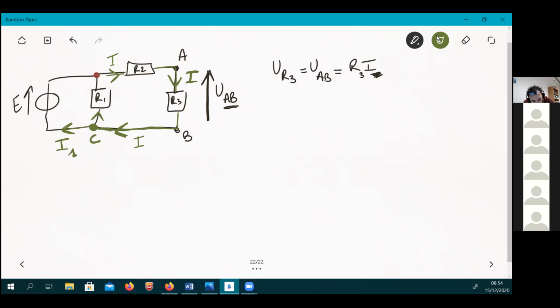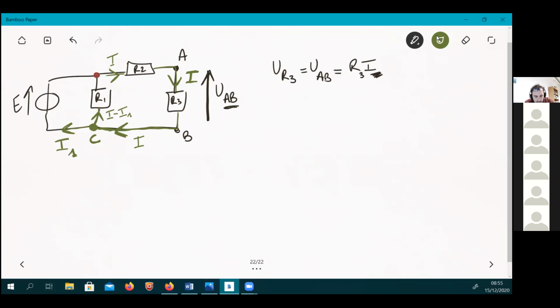So what is the value of the current going upstream here in this direction? I'm listening. I minus I1. Brilliant. And you respect the node law: I entering equals the currents going out from the node, which is this plus this.